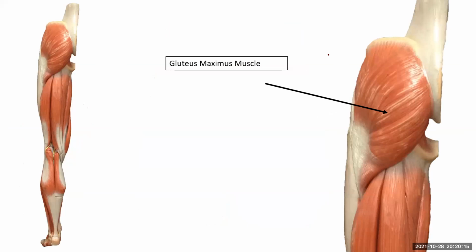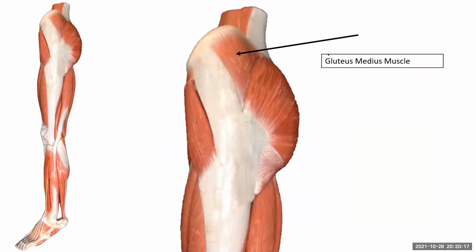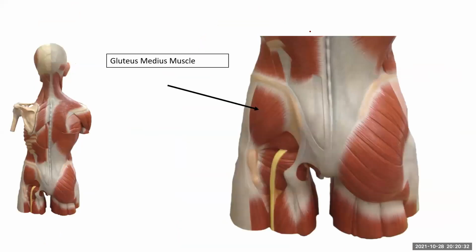Okay, that's gluteus maximus. Deep to that is the gluteus medius muscle. Gluteus medius is also more superior. So here is the gluteus medius muscle. Here it is on this model. Keep in mind, gluteus medius is deep to our gluteus maximus muscle.